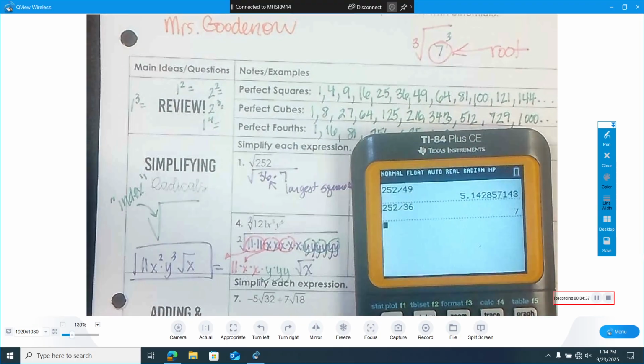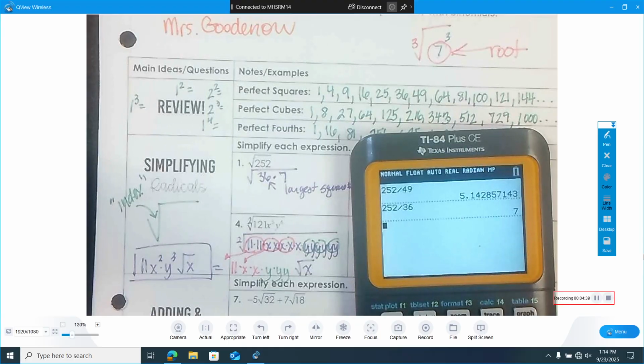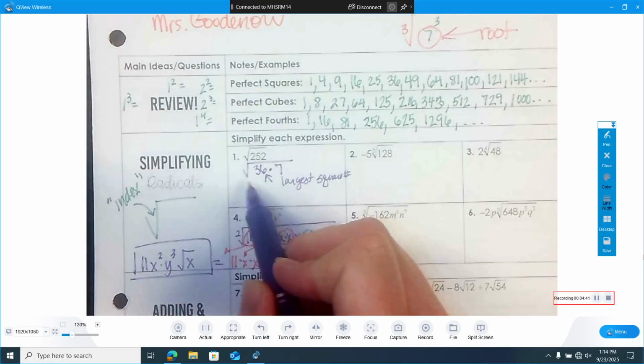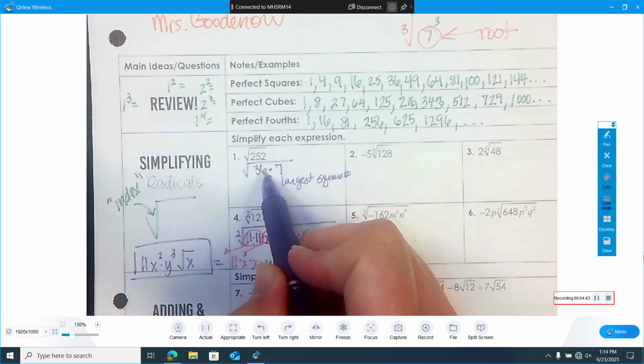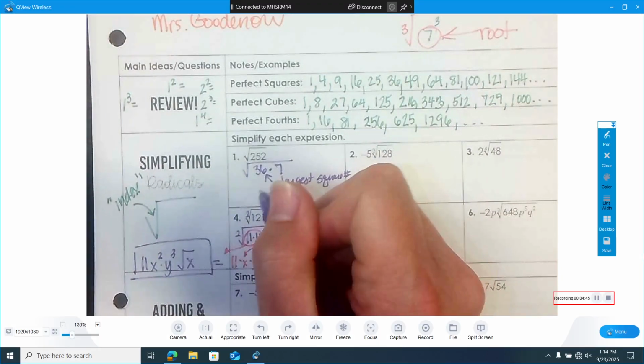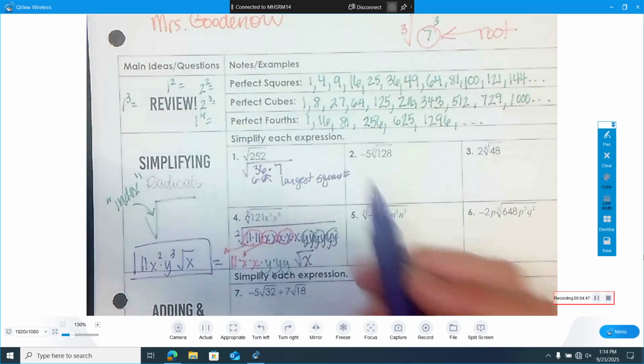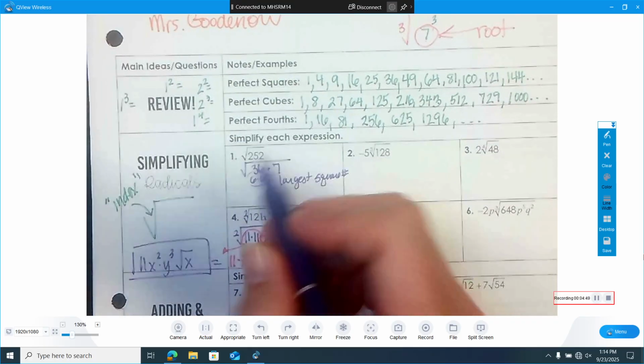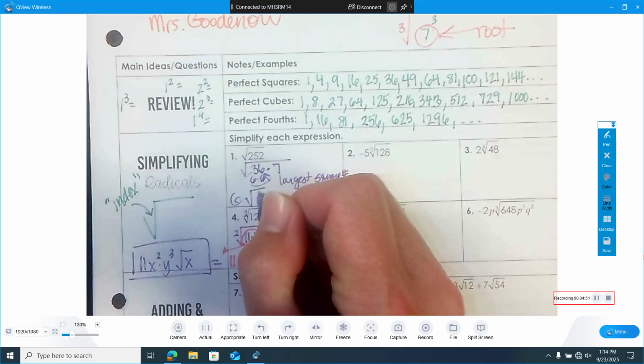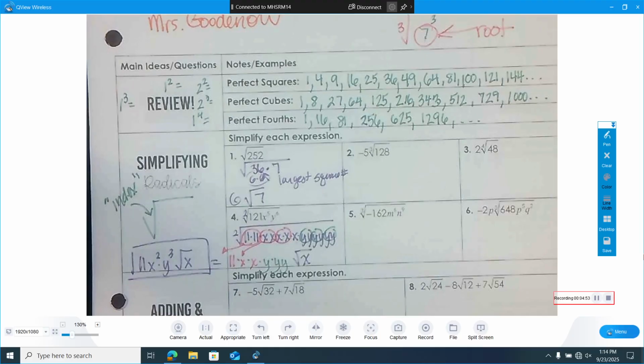Hey, there's a winner, okay? So you can test your perfect squares, and then we're saying, hey, what's the root of 36? 6. If you think about it, that's a 6 times 6. That's a pair of 6s. 1 escapes. And the 7 has to stay behind. Okay? All right.